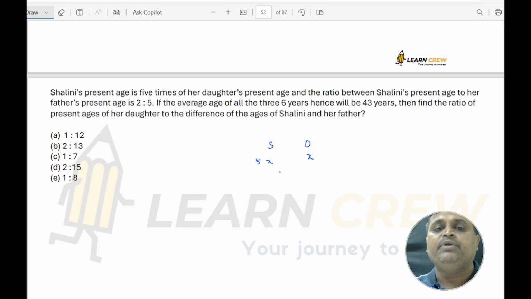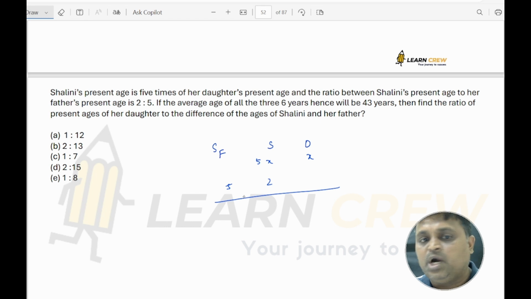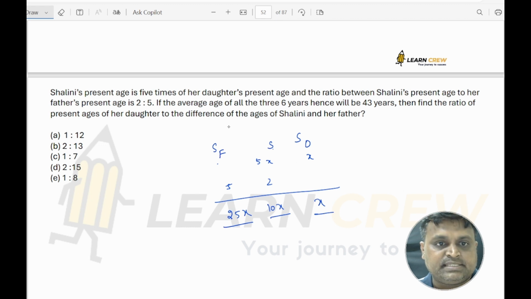So now what I am doing is doubling it, so it is 4:10 and 10:25. So you will get 25x, 10x and x. So Shalini's father's age is 25x, Shalini's age is 10x and Shalini's daughter's age is x.